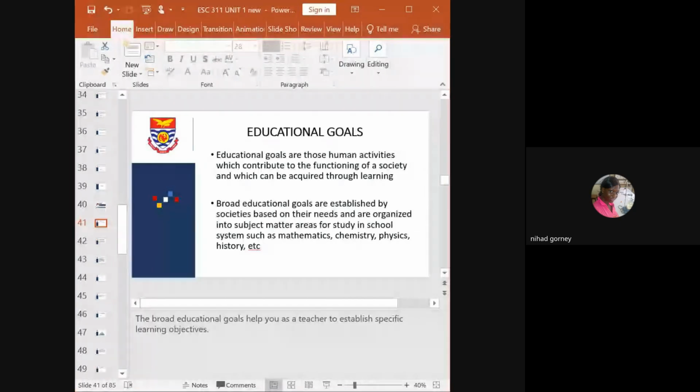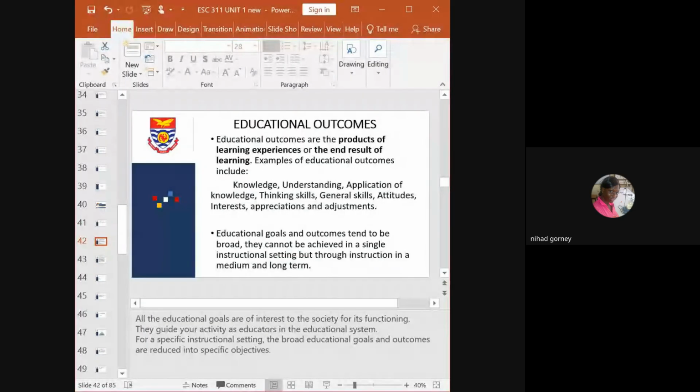Now, apart from educational goals, we also have educational outcomes. Educational outcomes are the product of learning experiences. So after the goals, putting together the things that the society needs to function well, and then putting them into learning areas, outcomes are the product of those learning experiences, or the end result of those experiences.